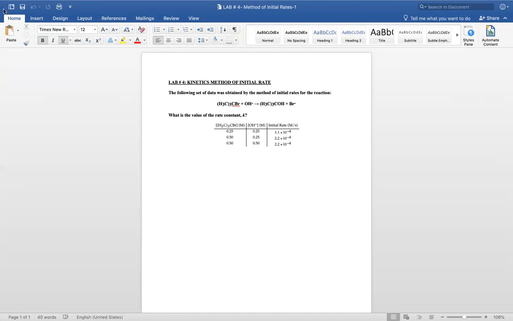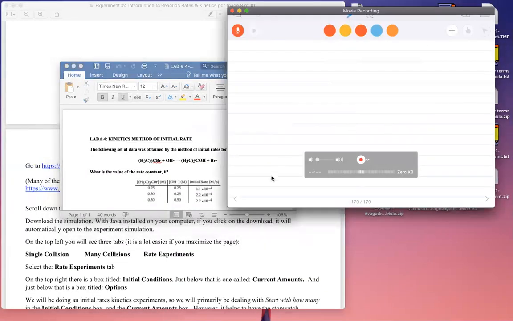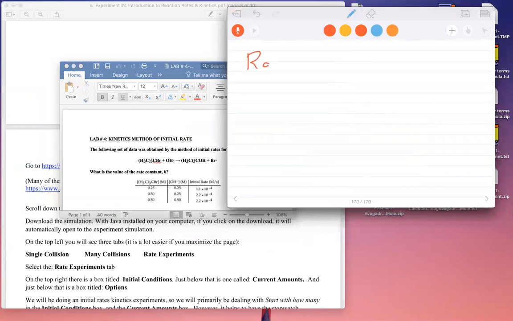I'm going to minimize this so that I can have access to my whiteboard here. I will write that equation as rate. This is the rate law for that reaction: k, which is the rate constant, times A. Let me use A instead of the chemical formula here.